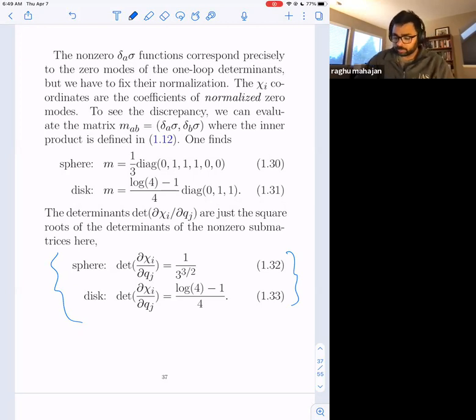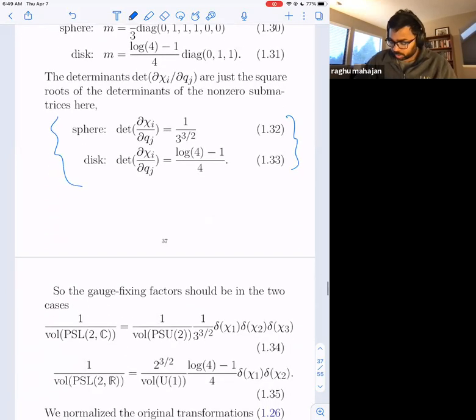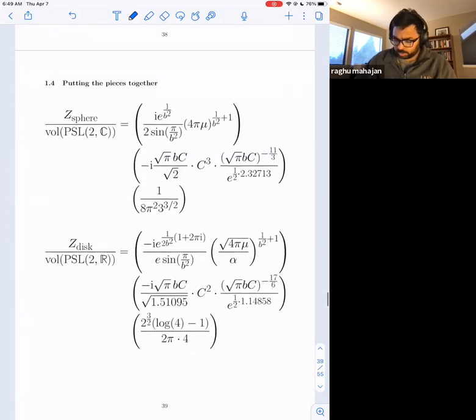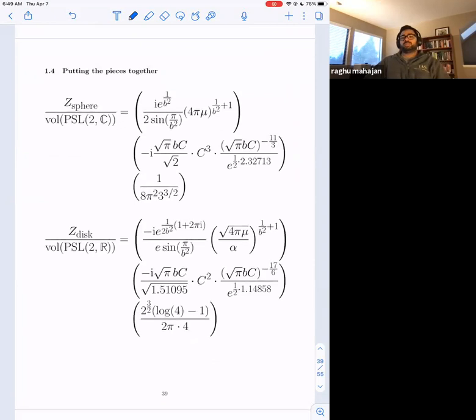Okay. So let me just give you the final answer here. So here is the final answer on the top. I didn't discuss the disk much, so we can just focus on the sphere. So this first parentheses is the sum over the on-shell action for the saddles with different n.